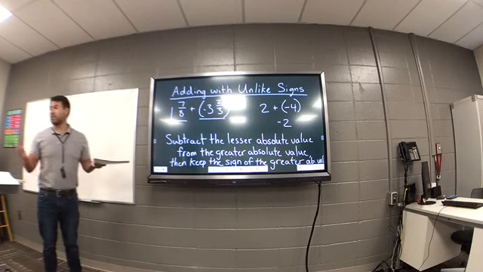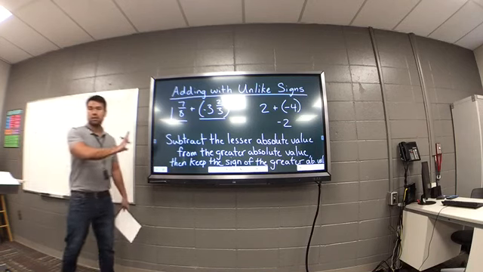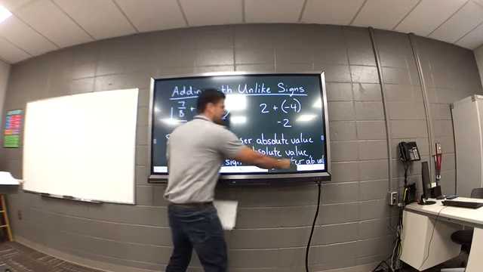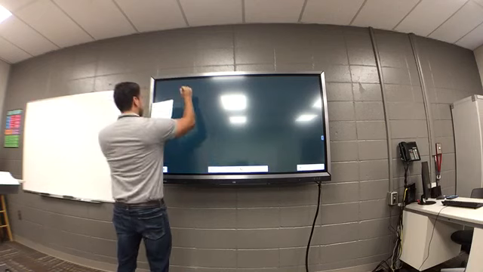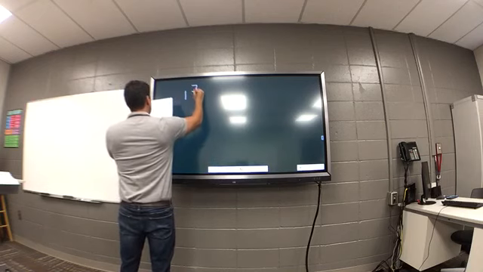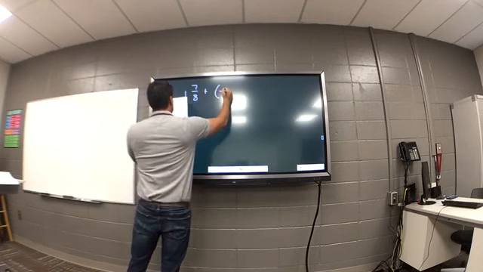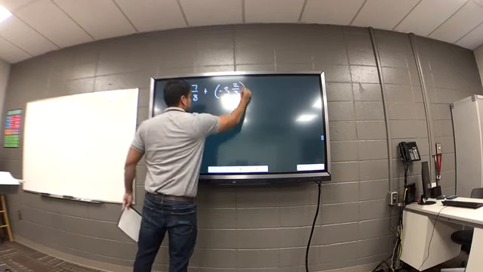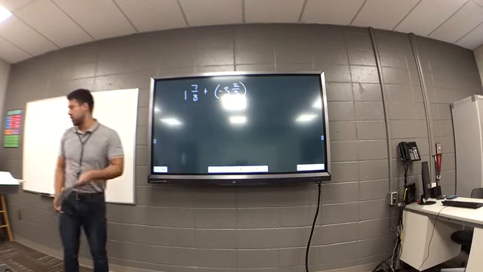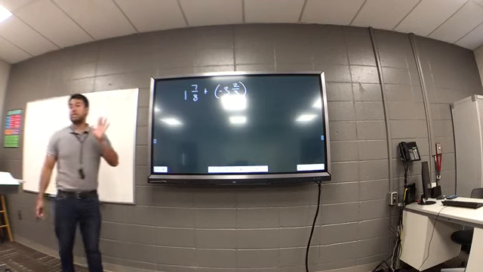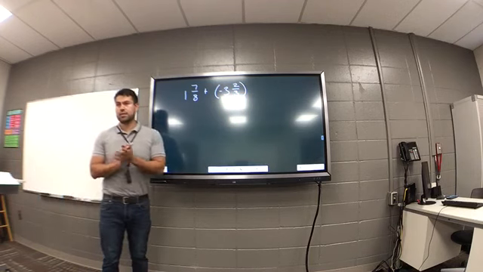All right, once you get that done, I'm going to actually work out the problem. Everyone get good with this? I think so. All right, I'm going to rewrite it for my own sake: 1 7/8 plus negative 3 2/3. Okay, so according to those rules, what subtraction problem am I doing to figure out this answer?